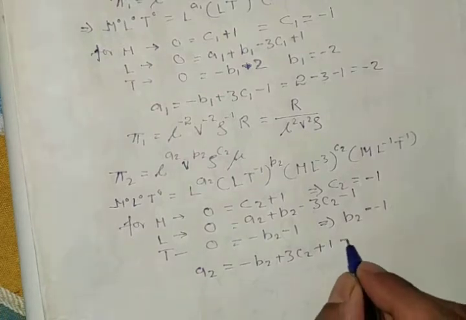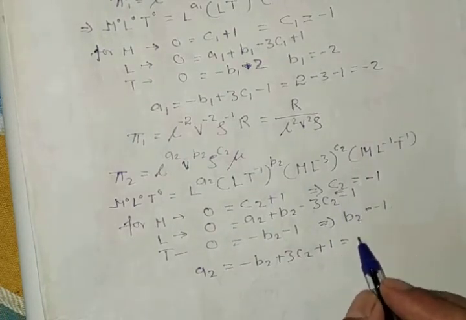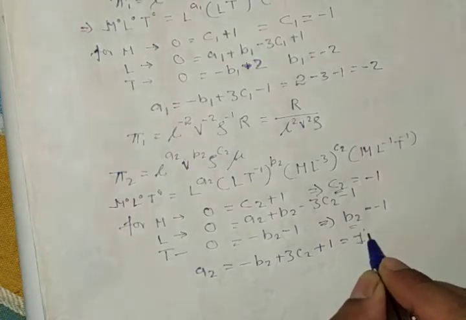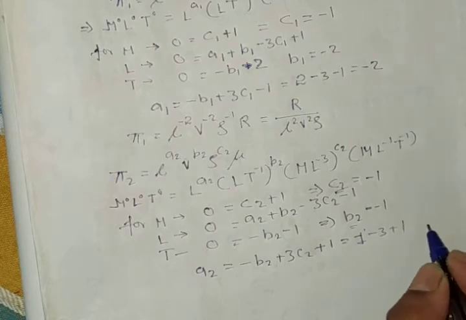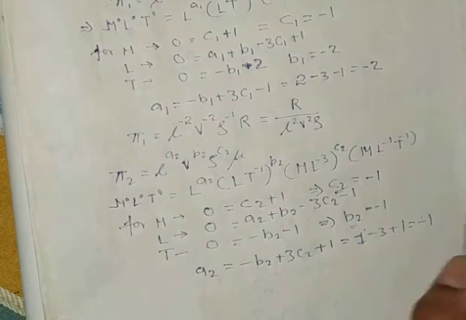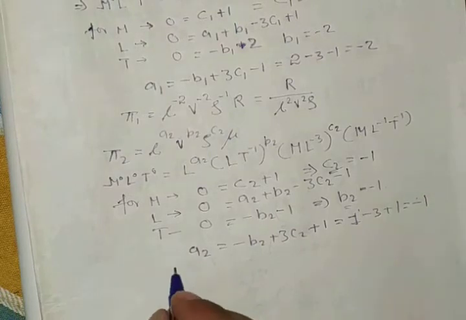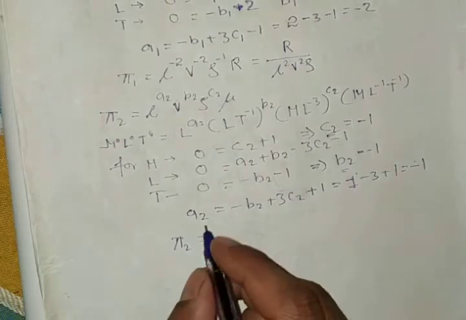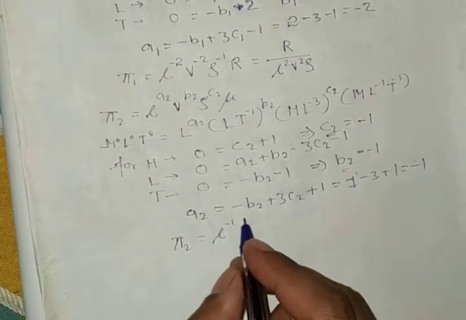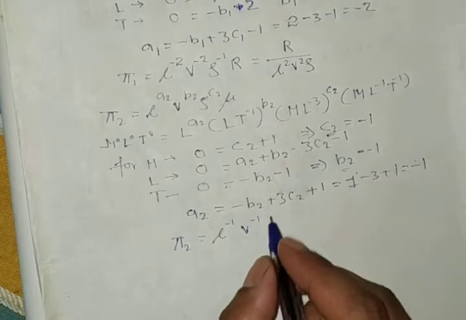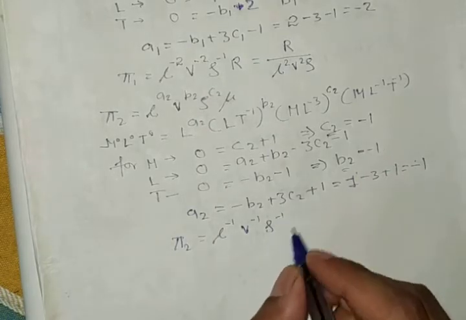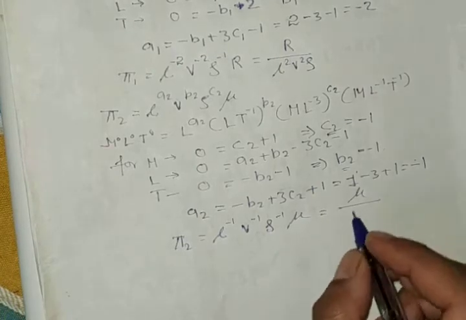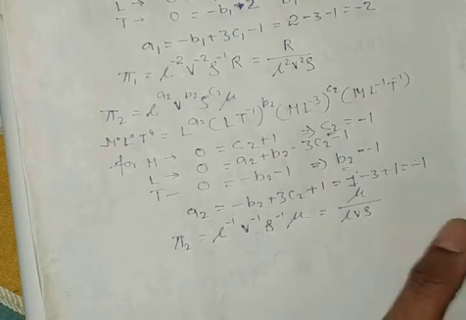If I put the value of C2 and B2, it will be plus 1 minus 3 plus 1, so it will be minus 1. So I can write this pi 2 term as L^-1 V^-1 rho^-1 and that is mu. Or you can write it as mu divided by L V rho.